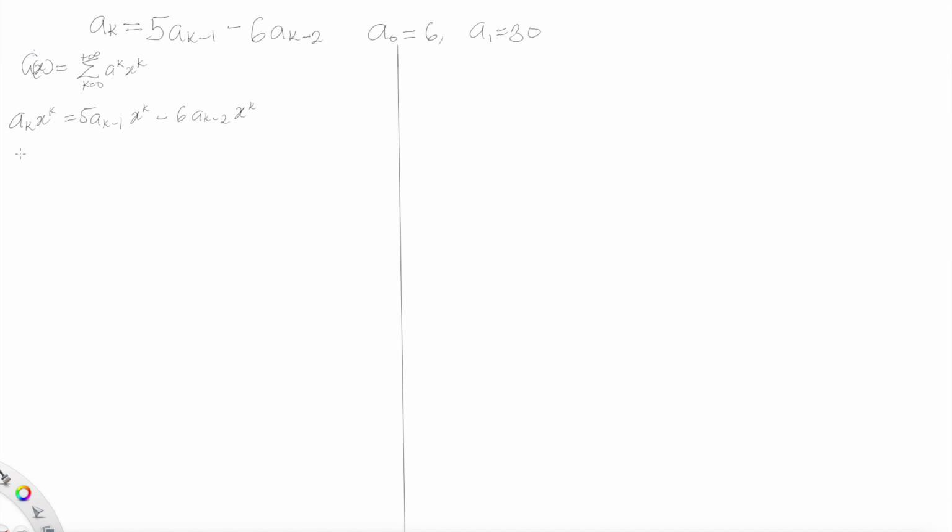So then we sum, and since our given values were a0 and a1, the sum must start from k equals 2, since these are our initial conditions.